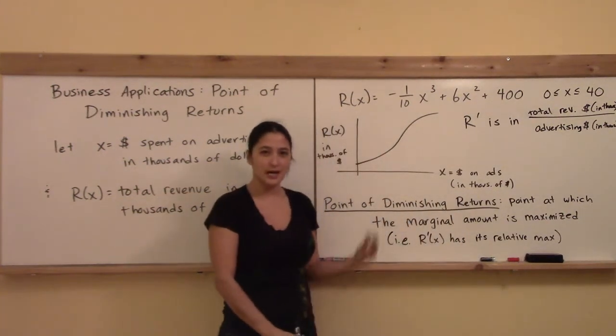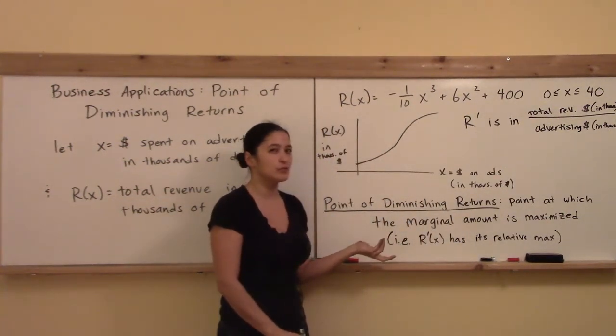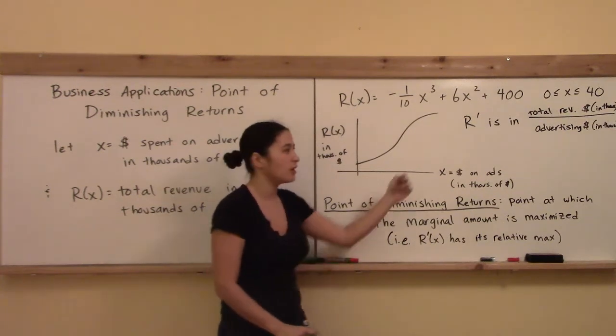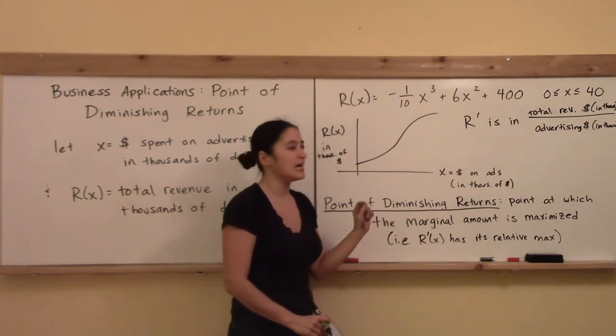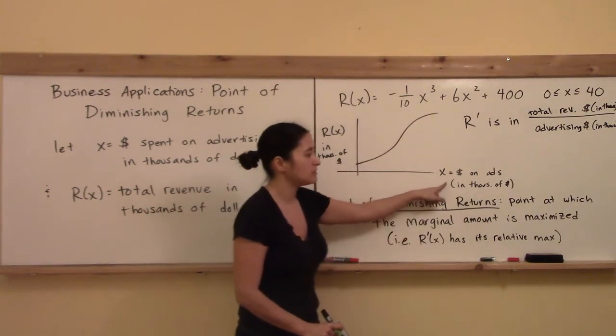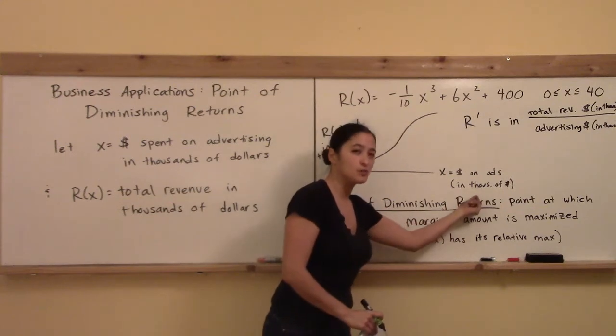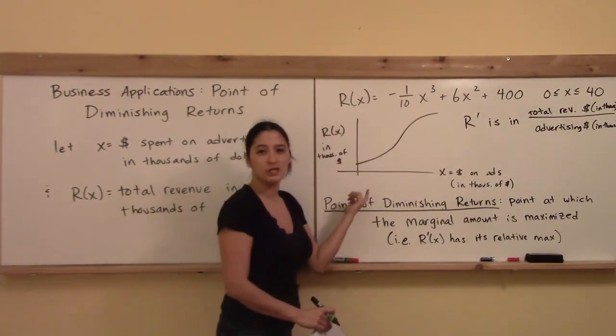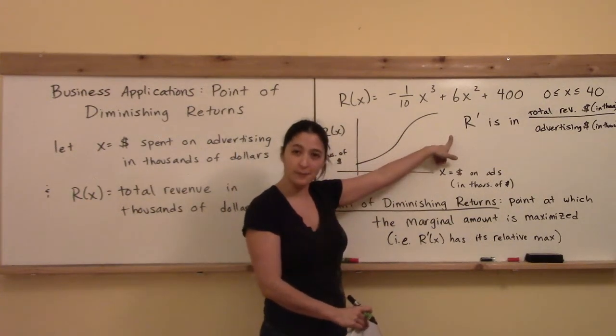Okay? Now, hopefully that makes it a little bit easier to appreciate the meaning of the derivative, because what the derivative there, r prime, actually means is that if my x increases by 1, which is to say if I decide to pump 1,000 more dollars into ads, then my total revenue will change by r prime, right?